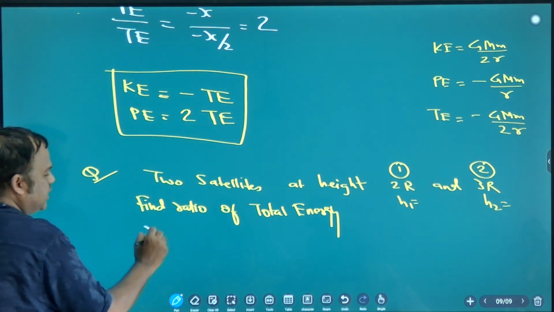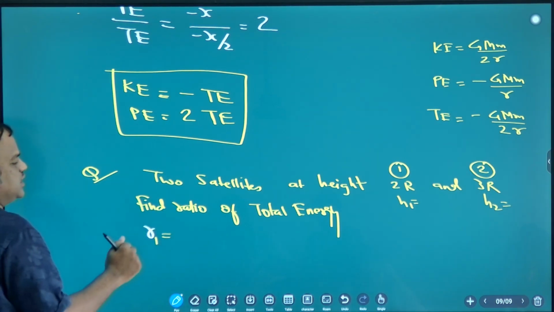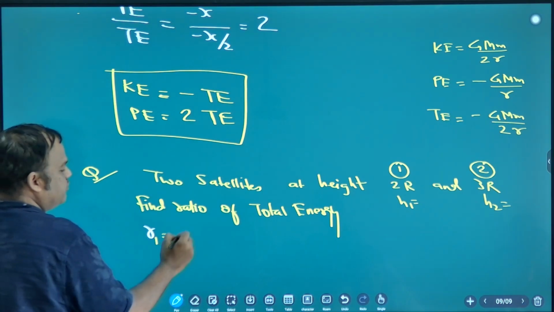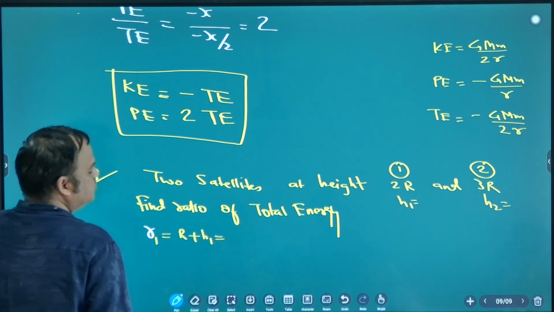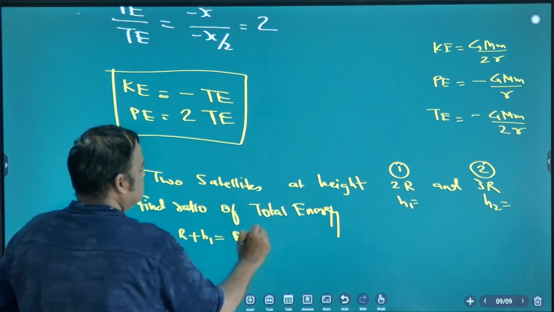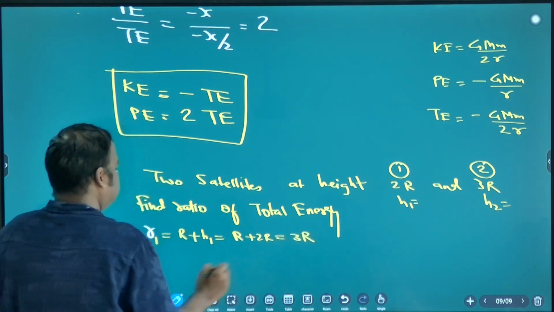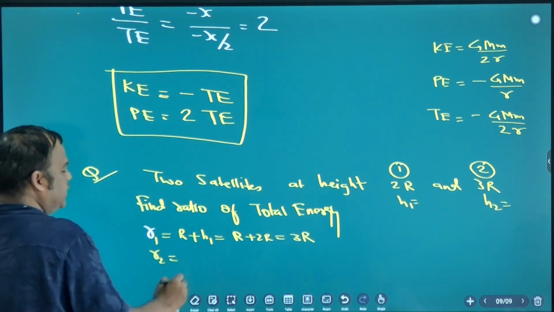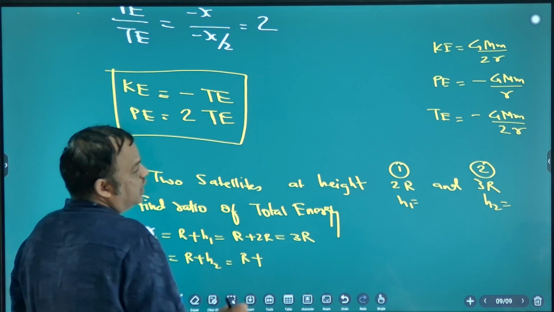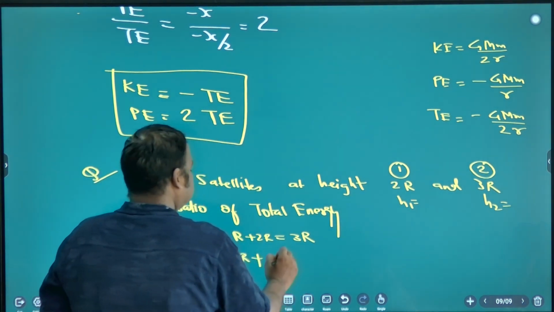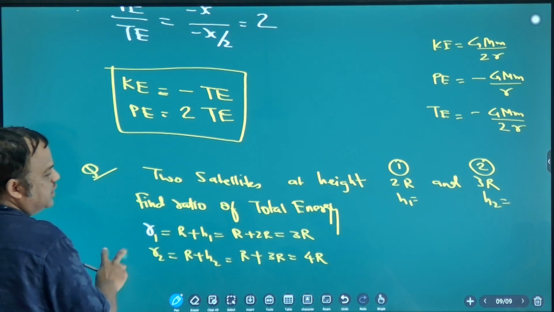First you calculate what is the radius of first satellite: r plus h1, which is 3r. Radius of second satellite: r plus h2, which is 4r. So r plus 3r is 4r.